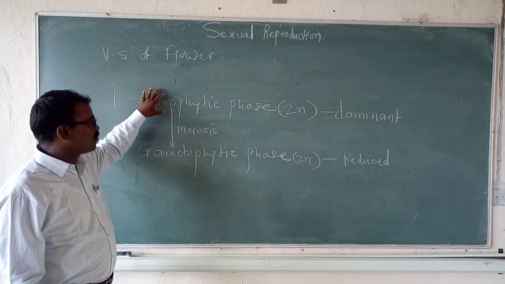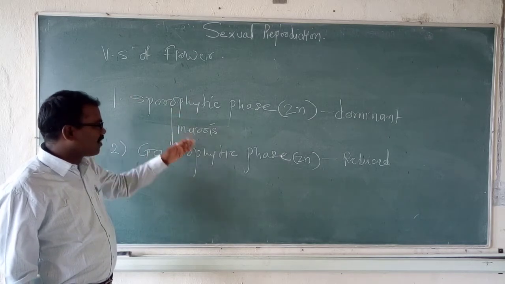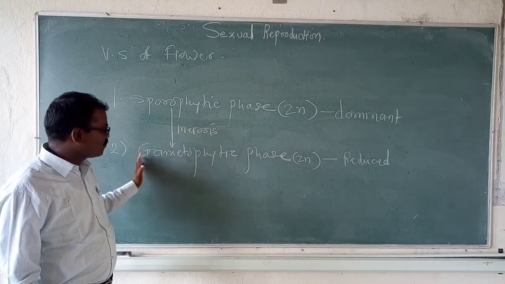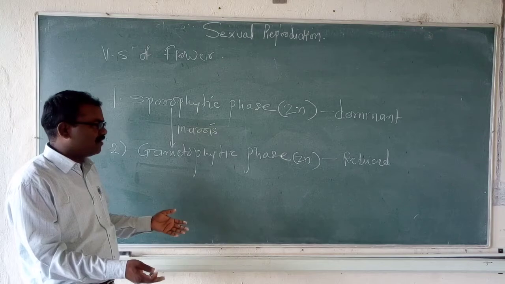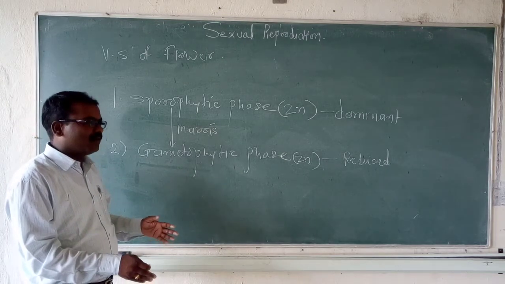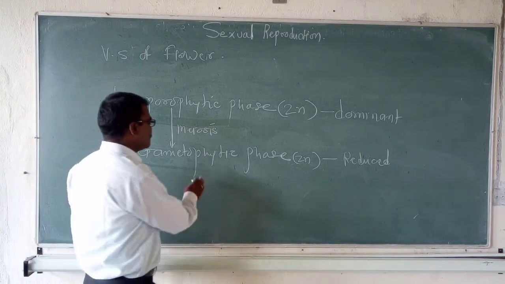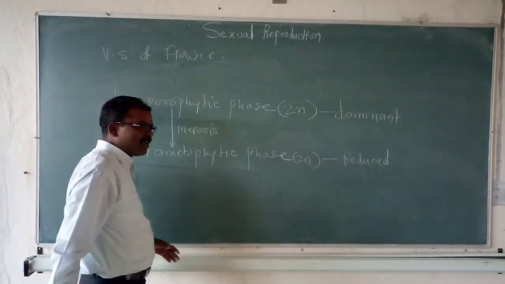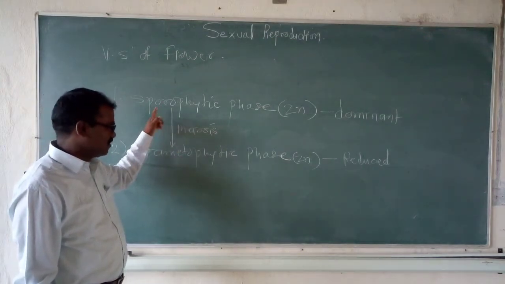In the sporophytic phase, after meiosis, the life of the plant enters the gametophytic phase. After the formation of gametes, the male gamete and female gamete unite to form the diploid zygote. The zygote is the initial phase of the sporophytic phase.